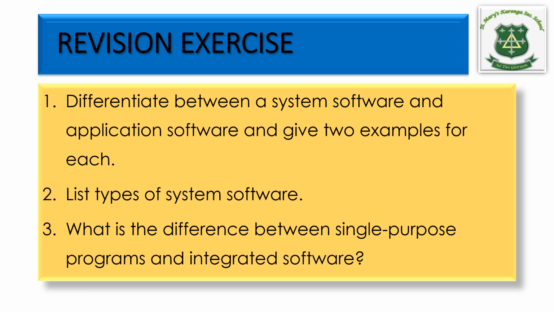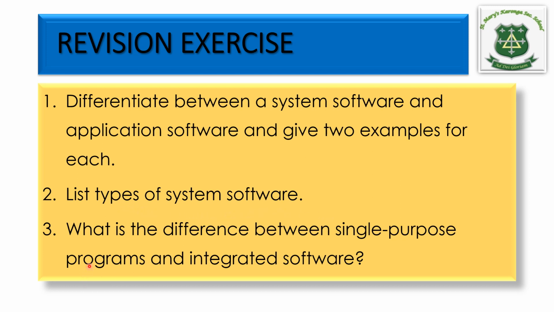So thus far, we have come to the end of our topic and indeed our lesson for today. Before I leave you, here is an exercise which you need to go through. Number one, differentiate between a system software and an application software and give two examples for each. Number two, list two types of system software.